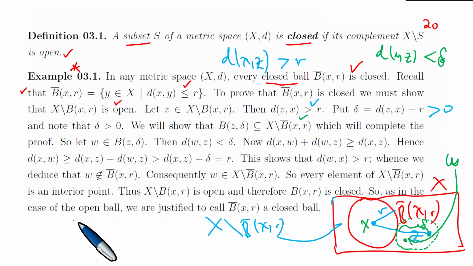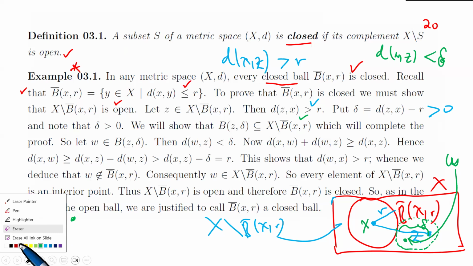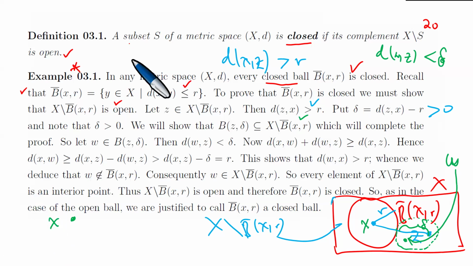So we have a triangle. We can actually just draw a triangle here. We're going to use the triangle inequality, but in a very cunning manner. There is a point X, and then we have a point Z, and then we put a point W, and then we are forming a triangle like this.